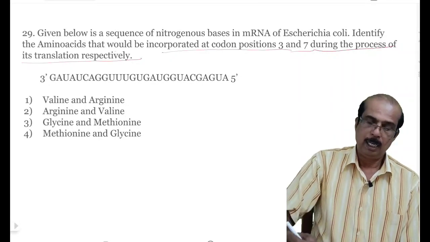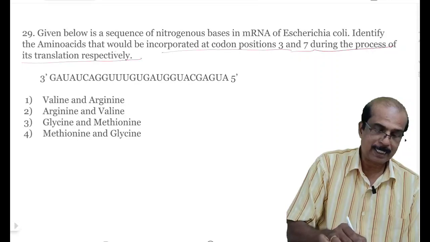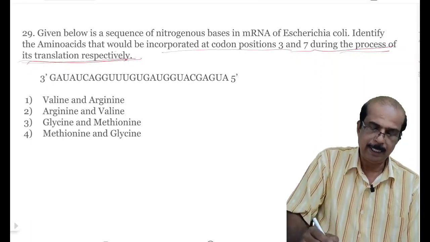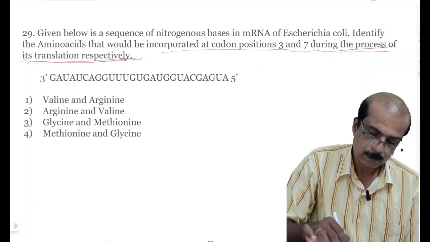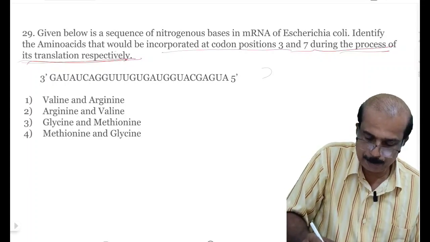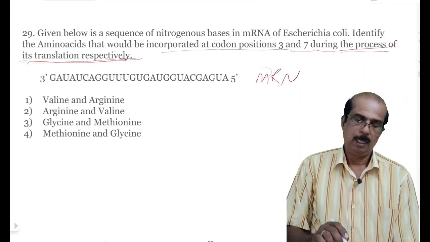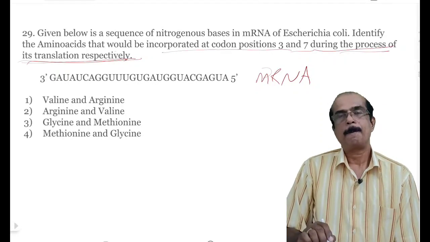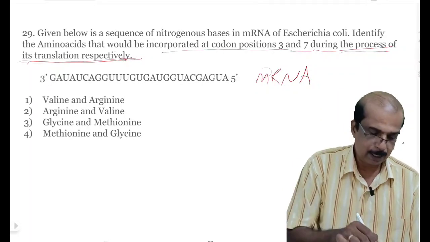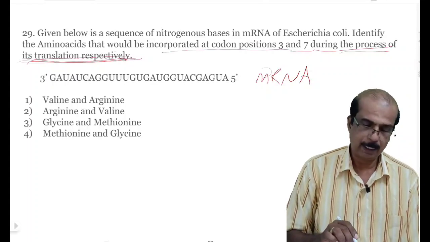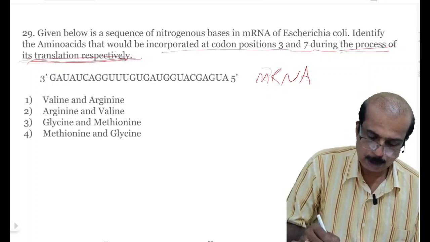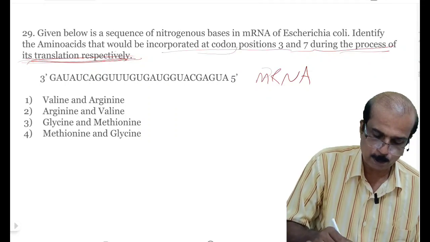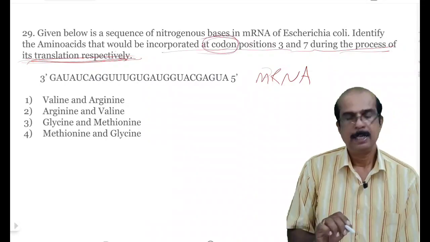You have to imagine the process of translation of this mRNA. When it undergoes translation, we have to find out the amino acids incorporated for the codons at positions 3 and 7.